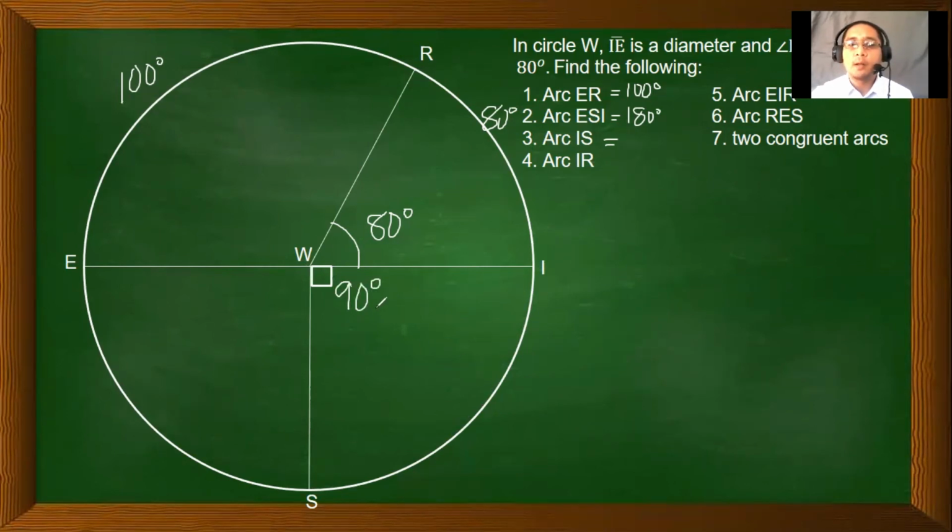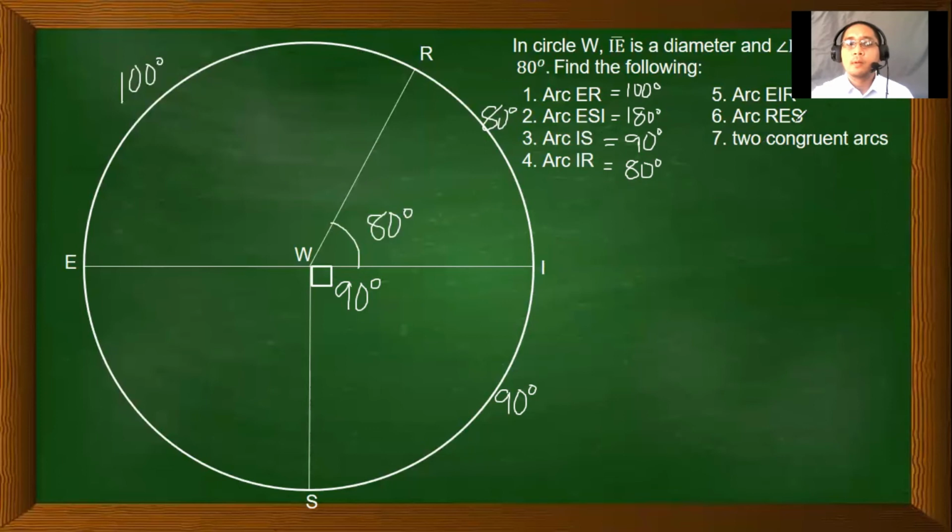So applying the central angle theorem, the intercepted arc measures 90 degrees, which is the same measurement as the central angle. So 90 degrees is our answer. How about arc IR? Based on the solution earlier, we apply the central angle theorem. So the measurement of arc IR is 80 degrees.